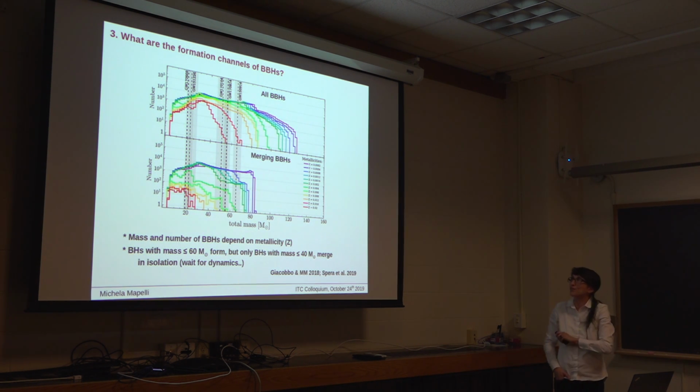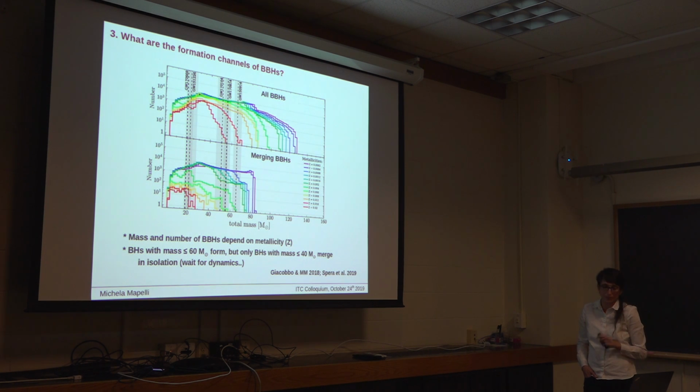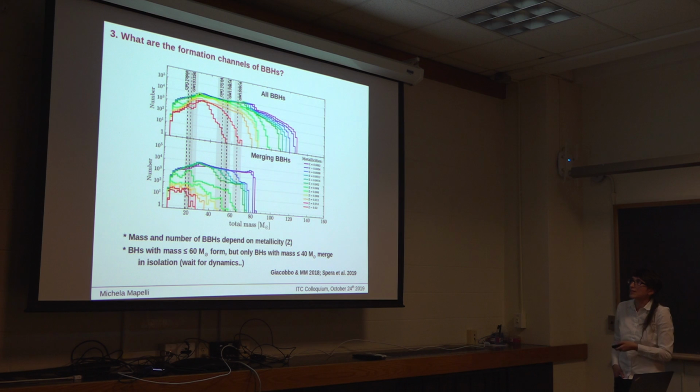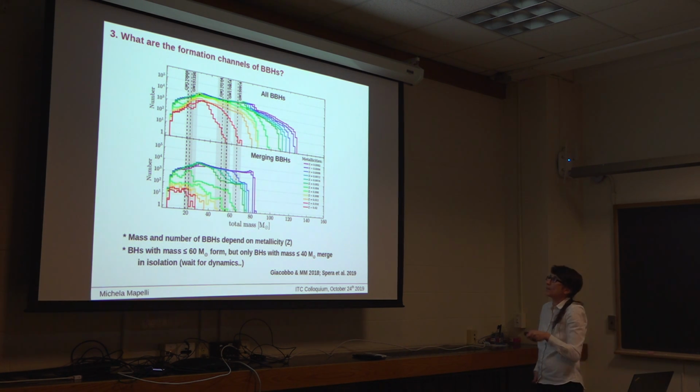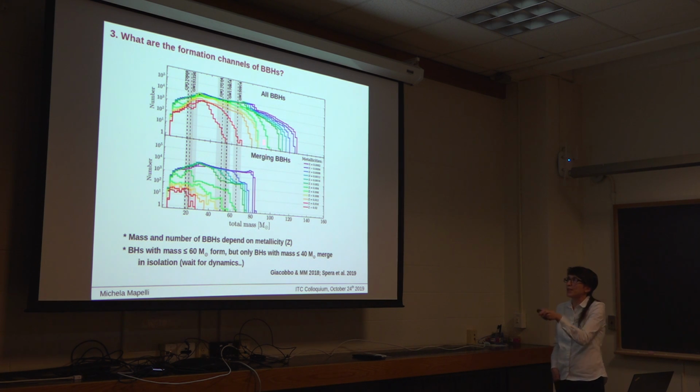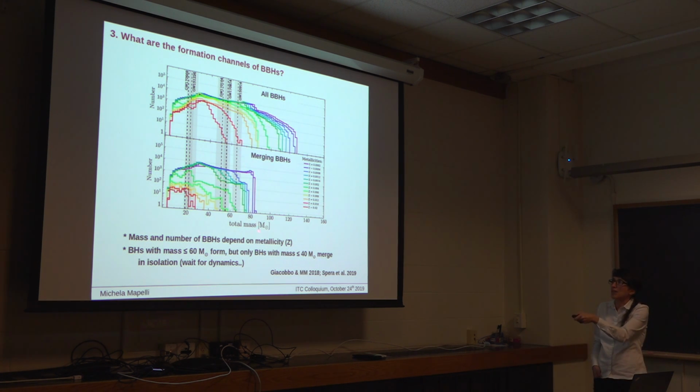Well, the merger efficiency for metal poor stars is about 3 orders of magnitude higher than for metal-rich ones. But there is also a quite peculiar effect that you can see here by comparing all binary black holes with the merging ones: while we can form binary black holes with total mass up to about 130 solar masses, merging binary black holes can have only a total mass up to 80, 90 solar masses.